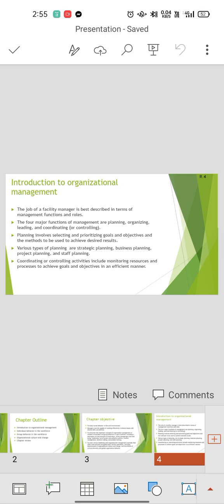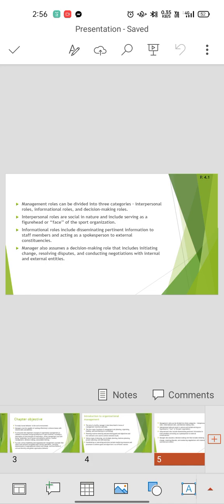Planning involves selecting and prioritizing goals and objectives and the methods to be used to achieve desired results. Various types of planning are strategic planning, business planning, project planning, and staff planning. Coordinating or controlling activities include monitoring resources and processes to achieve goals and objectives in an efficient manner.